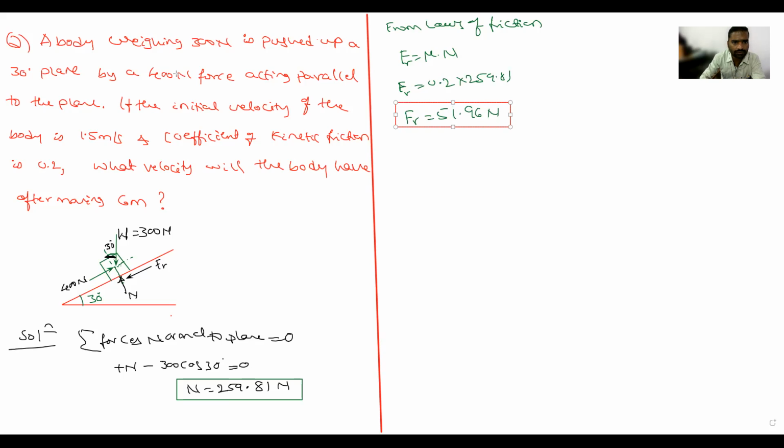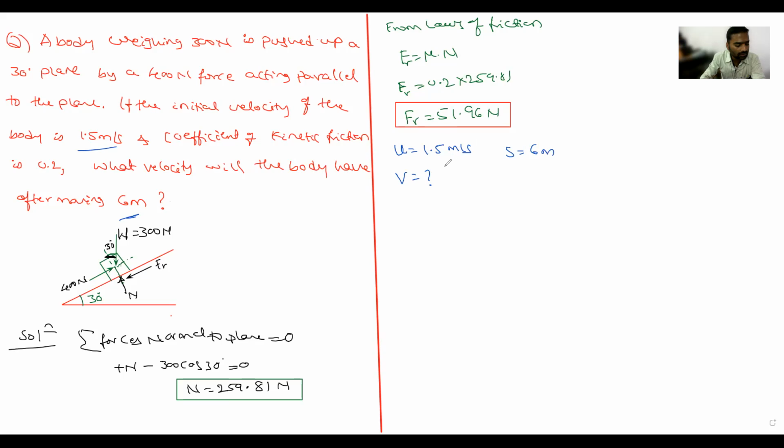Then what else is given? He has given the initial velocity u, which is 1.5 meter per second. What is he asking? He is asking for the final velocity. What is the distance covered? The distance is given: s is equal to 6 meter.